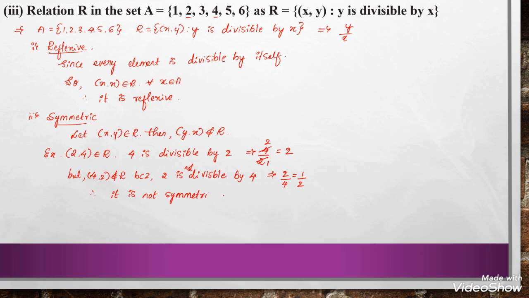Next, we will check the third condition, that is the transitive condition.